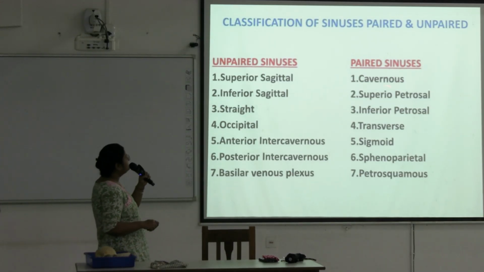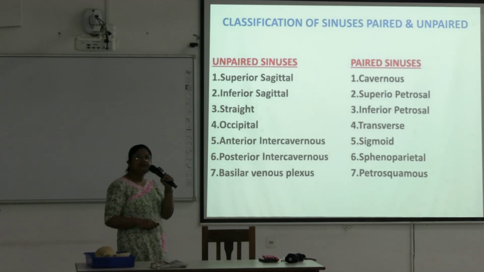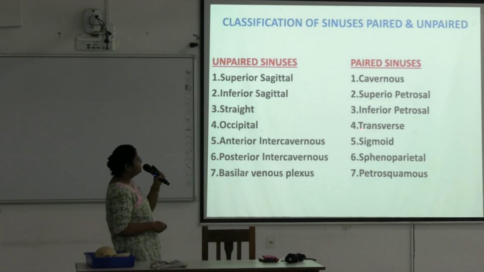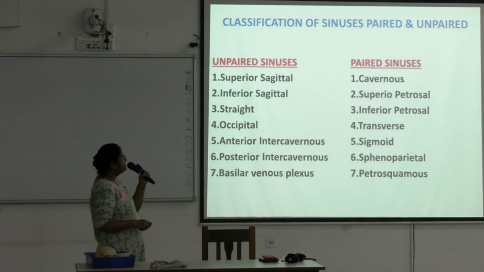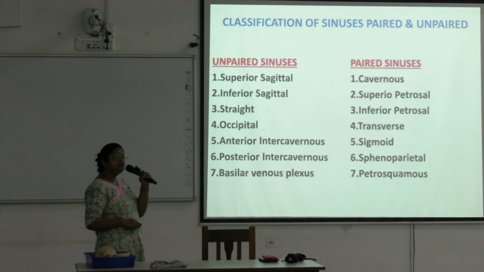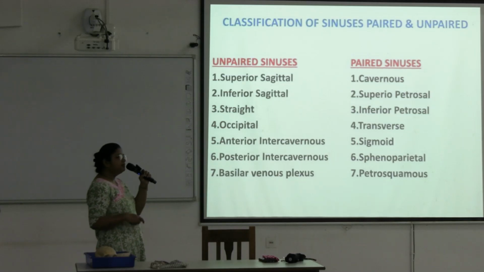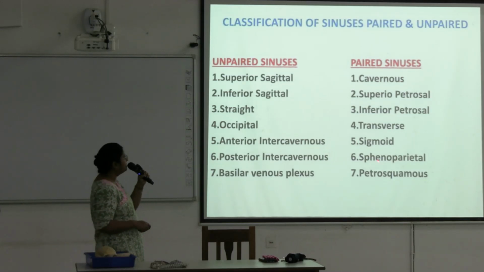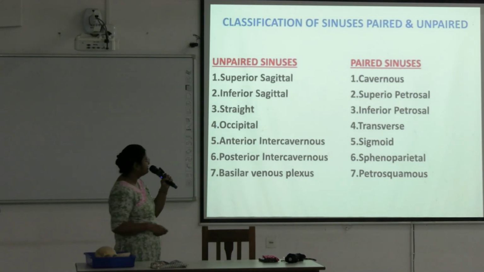And paired sinuses are cavernous sinus, superior petrosal, inferior petrosal, transverse sinus, sigmoid sinus. Transverse sinus continues as the sigmoid sinus, which further continues downward as the internal jugular vein. Next there are sphenoparietal and petrosquamous sinuses.